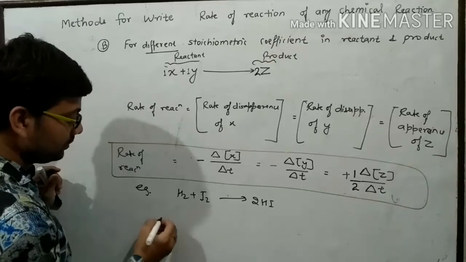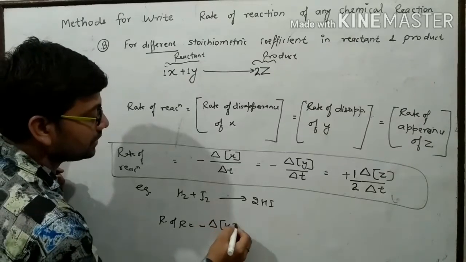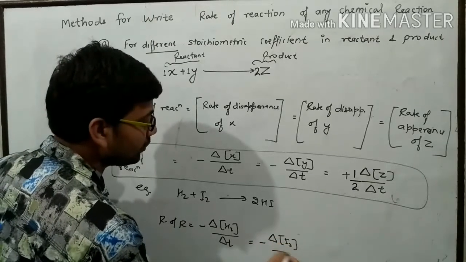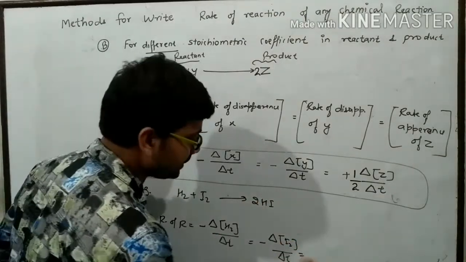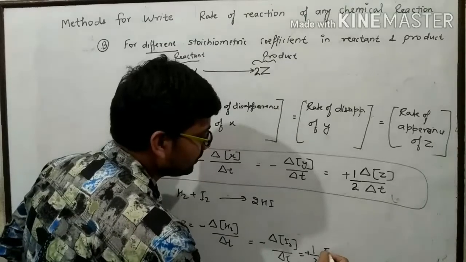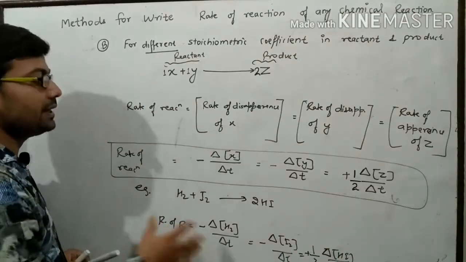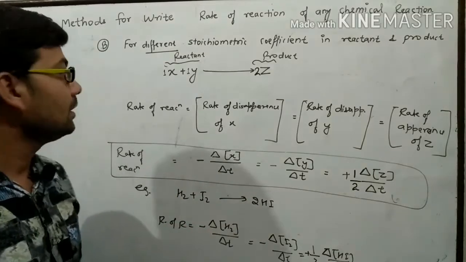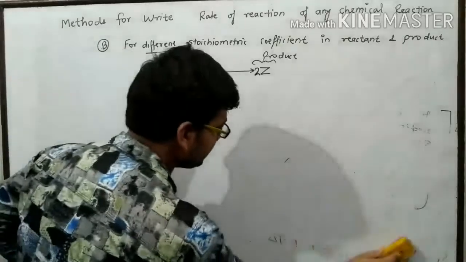Then what is the rate of reaction? Rate of reaction is equal to minus delta change in concentration of hydrogen upon delta T, is equal to minus delta I2 upon delta T, is equal to, the coefficient goes in the denominator, means plus 1/2 delta HI upon delta T. So this is the rate of reaction for this reaction. These are all examples.